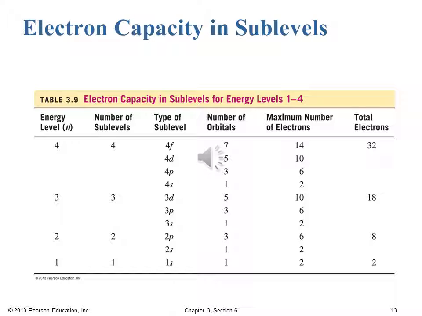For n equals 2, we have the 2s orbital in the 2 energy level, and we also have the 3 2p orbitals, 2px, 2py, 2pz, so we can hold a total of 8 electrons. We have the 2 electrons in the 2s and the 6 electrons in the 2p. Of course, we also have 2 electrons in the 1s orbital, but we don't think about those.